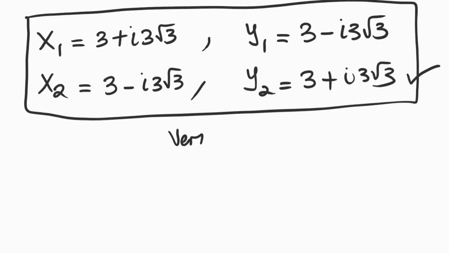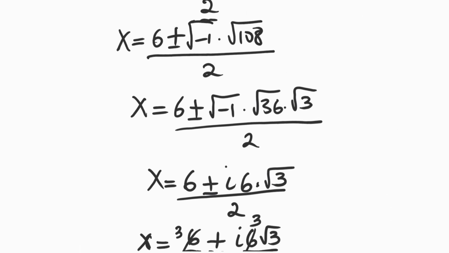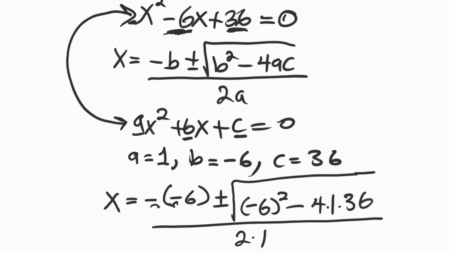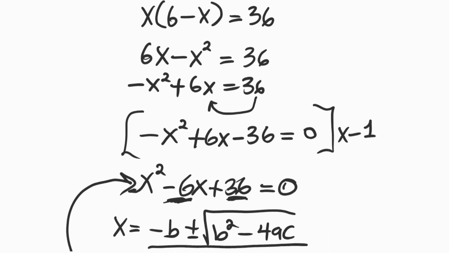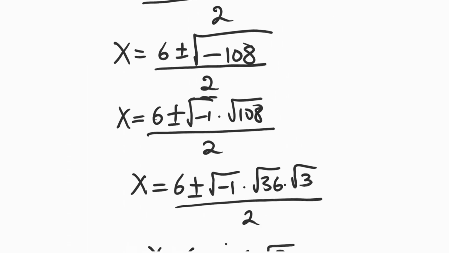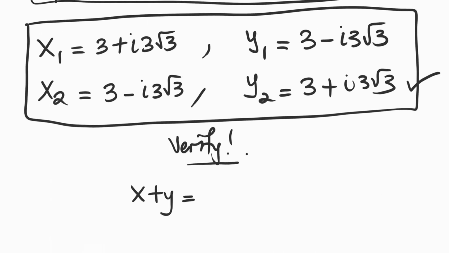But now we need to verify, just to make sure that our answers are correct. We have that x plus y is equal to 6, and xy is equal to 36.